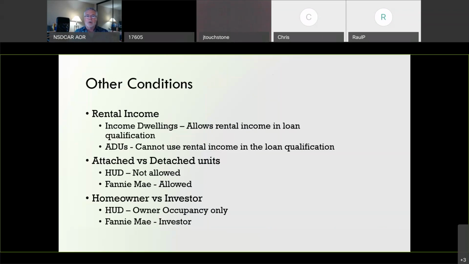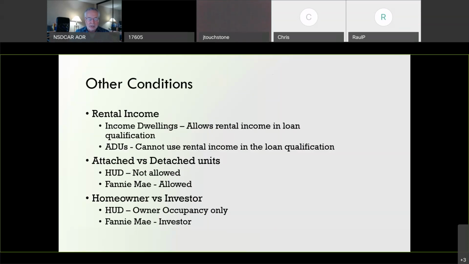That's not allowable for ADUs at this time. So again, it's going to be important that the home buyer can qualify for the full loan amount if they're applying for an ADU. We talked a little bit about this previously, attached versus detached units. If we're funding through HUD, it has to attach.